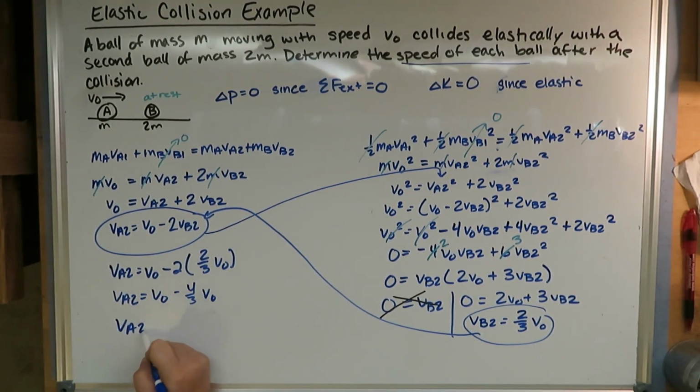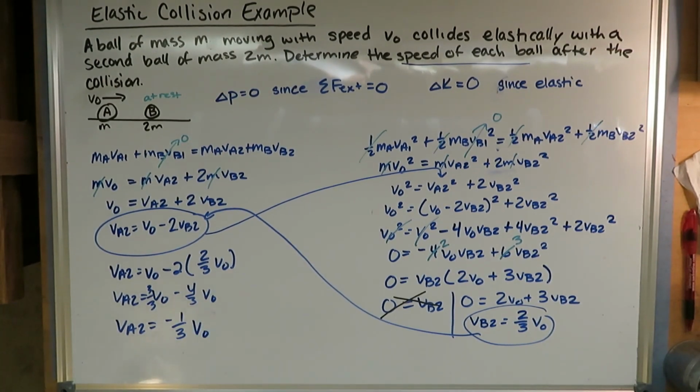That would be 3 over 3, minus 4/3, so it's going to equal negative 1/3 V0. Basically that tells us that VA2 is moving backwards, whereas VB2 is moving forwards. So that gives you a way to solve the problem.